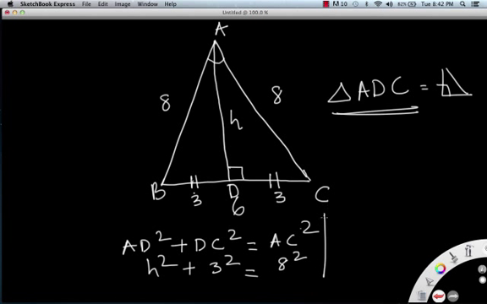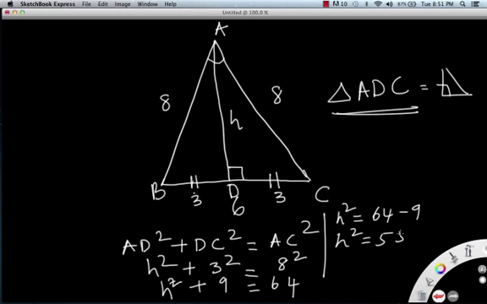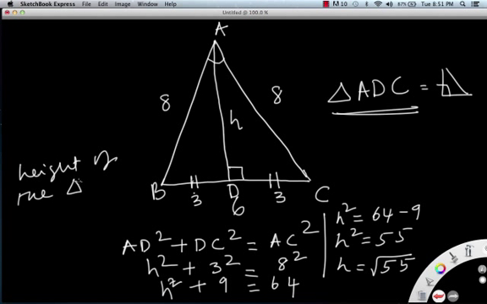So h square plus 9 equals 64. So h square is equal to 64 minus 9, which is 55, so h is equal to root 55. So the height of the isosceles triangle ABC is equal to root 55 units.